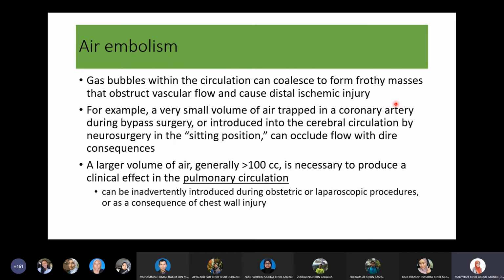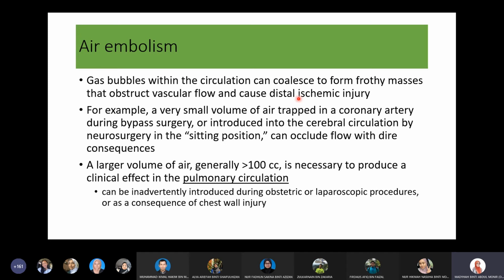Okay, another one is air embolism. What happens in air embolism? Gas bubbles within the circulation can combine to form frothy masses. When they form a large mass, it can obstruct vascular flow and cause distal ischemia.